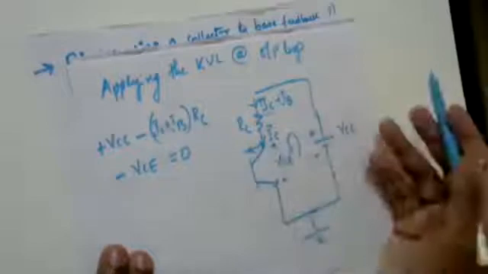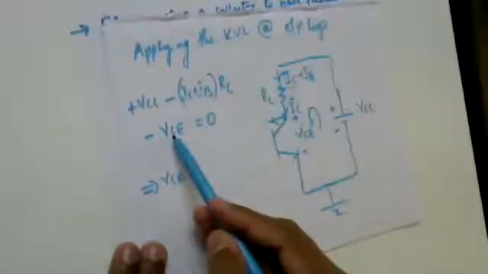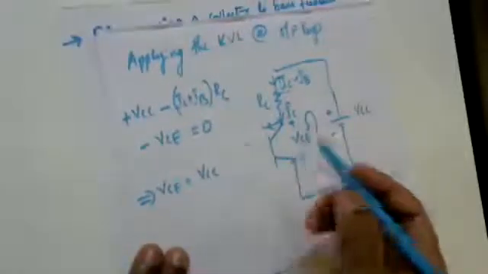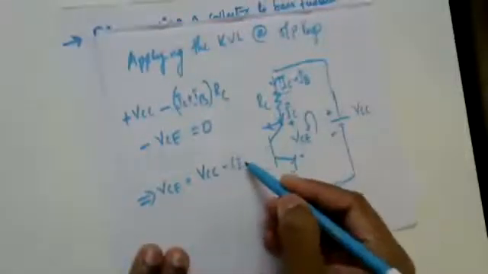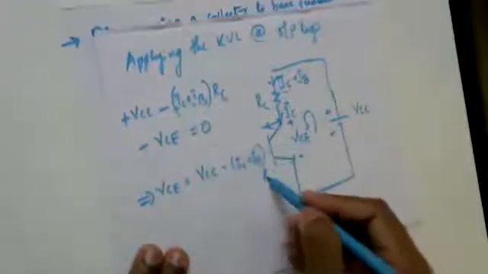What is the output voltage? The output voltage is seen from collector to emitter. So sending this term to the right-hand side, my VCE is equal to VCC minus (IC plus IB) into RC.